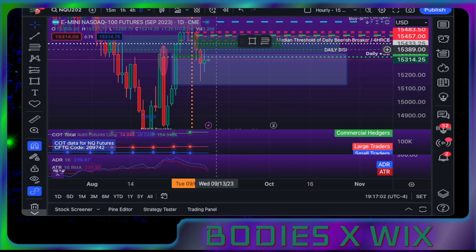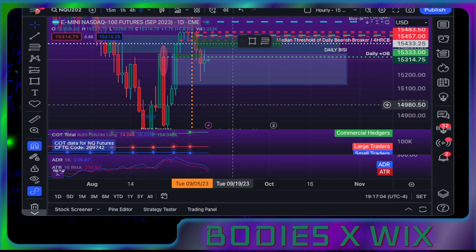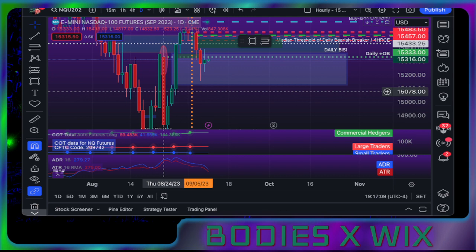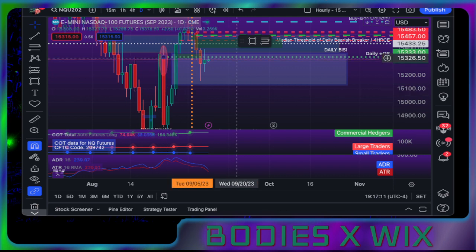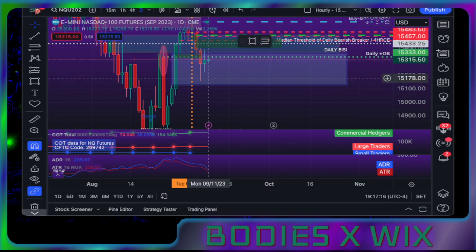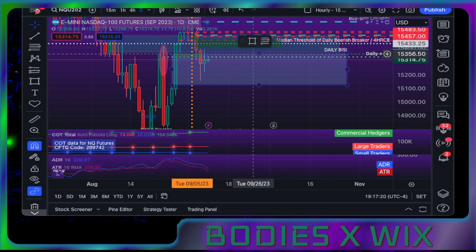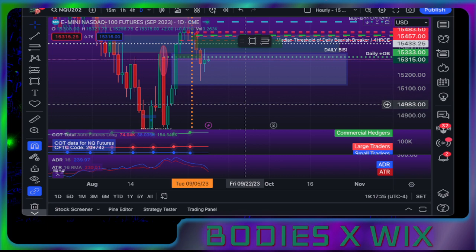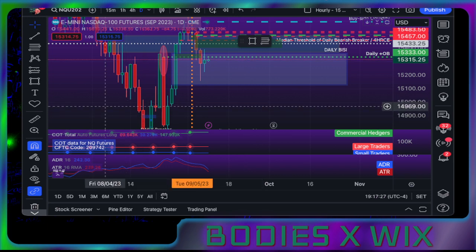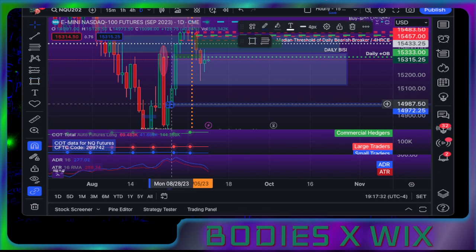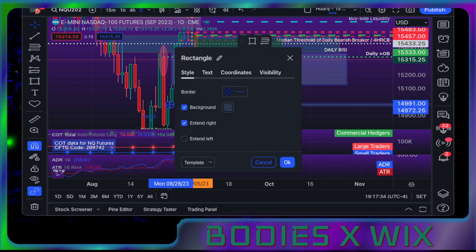Just because it's there doesn't mean it's always going to reach there, just because it's preceded by a very, very large bearish candle. But if we see this action after it goes up, more than likely going to go up and then start dropping, and we see it dropping at a very fast rate, then you could see it actually reach into this liquidity void right here, extend right there.